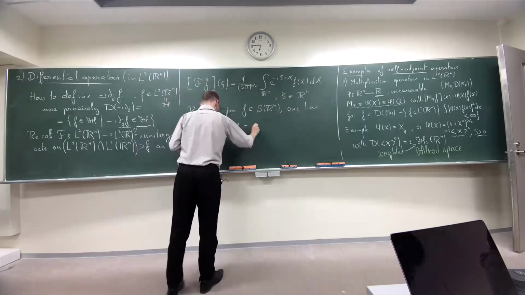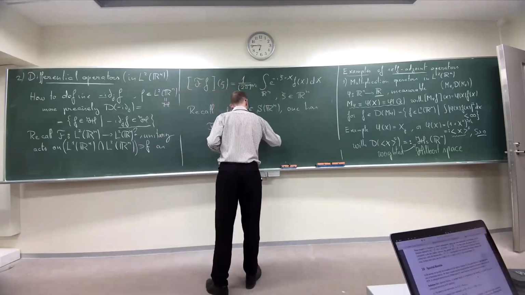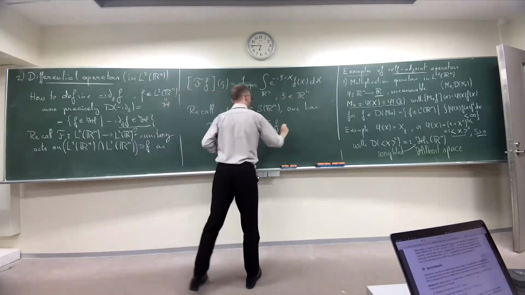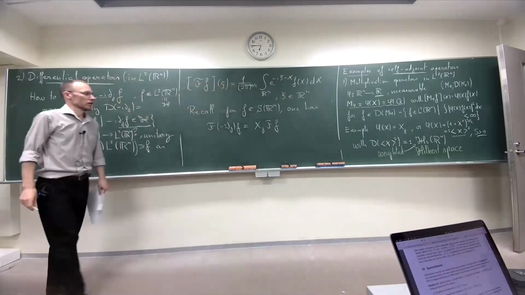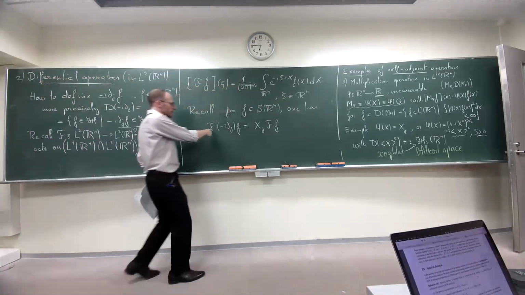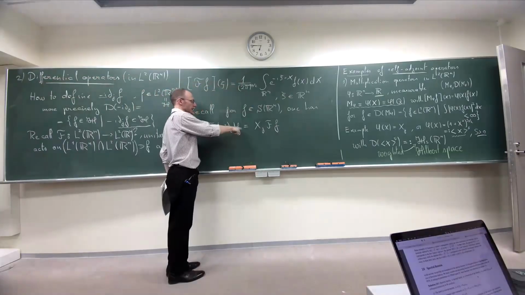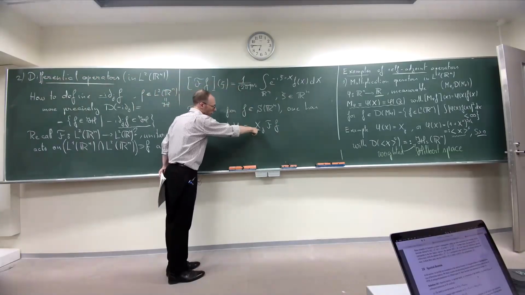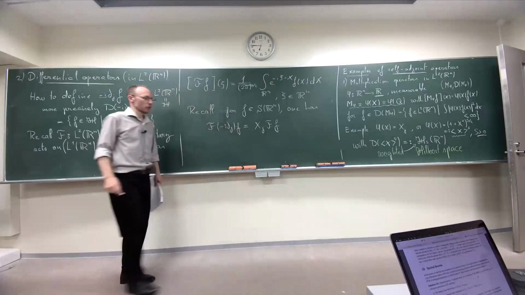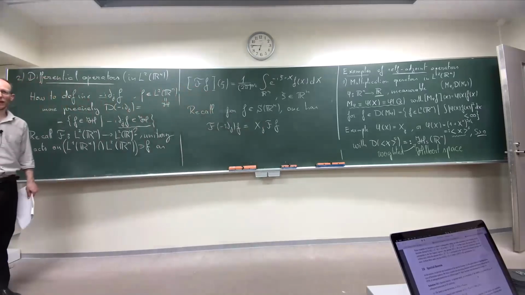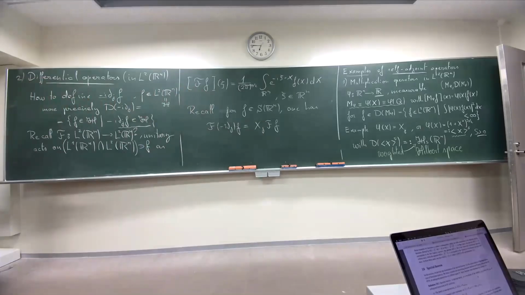The Fourier transform of the derivative of f is equal to xj times the Fourier transform of f, up to a factor. So what it means is that taking the Fourier transform of a derivative is the same as multiplying by xj the Fourier transform of f. You can check this, and there is a report about this.